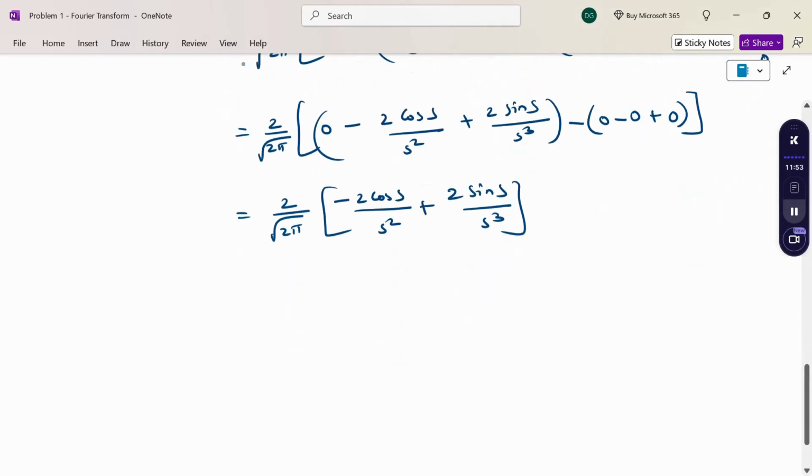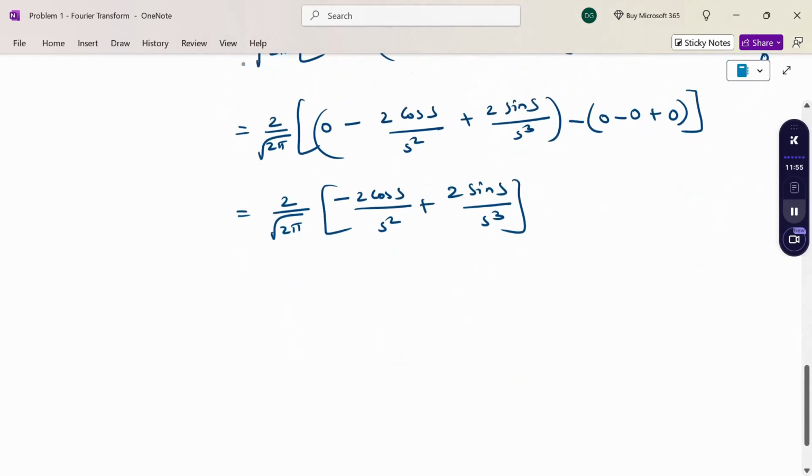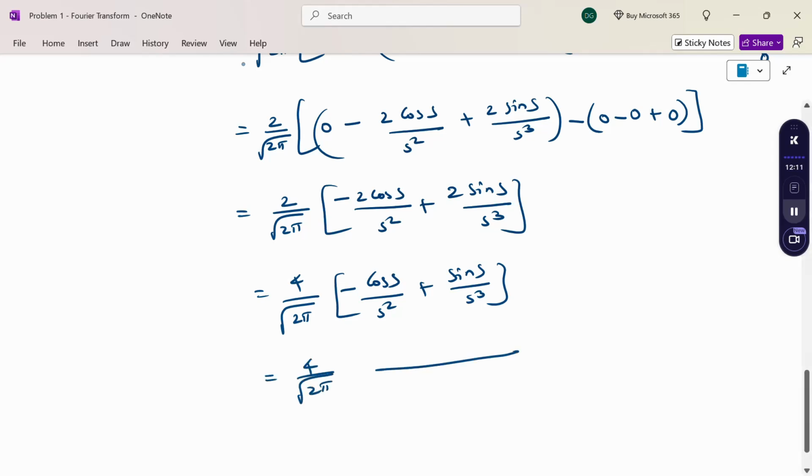Now take the LCM and then 2 take out, 4 by square root of 2 pi times minus cos s by s square plus sin s by s cube. So when I'm taking the LCM, the denominator is s cube. So divide by s cube, so this term gets s square.